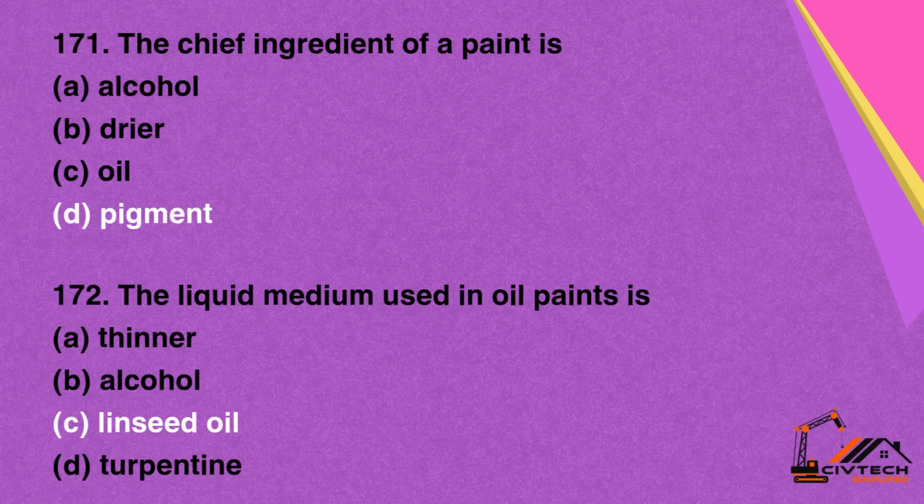Correct option. D. Pigment. 172. The liquid medium used in oil paints is A. Thinner, B. Alcohol, C. Linseed oil, D. Turpentine. Correct option. C. Linseed oil.